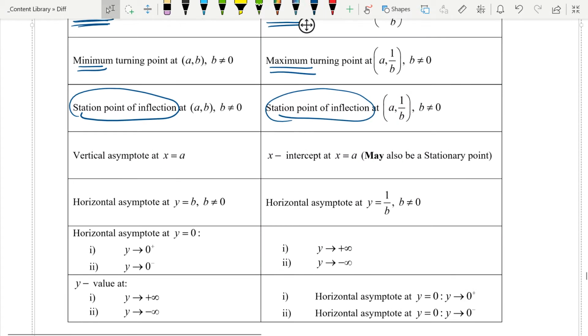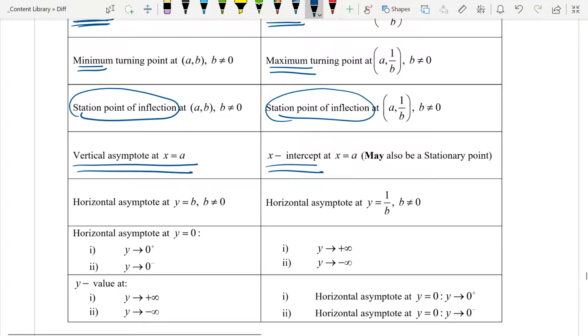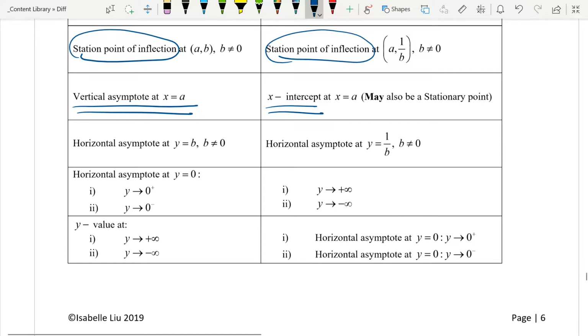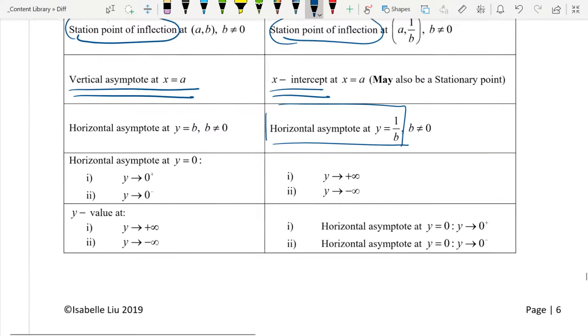If you have vertical asymptotes on your original one, you will have x-intercept. x-intercept becomes asymptotes, but asymptotes becomes x-intercept. So from reciprocal to f(x). Horizontal asymptotes at y equals b, you will have y equals 1 over b for horizontal asymptotes.